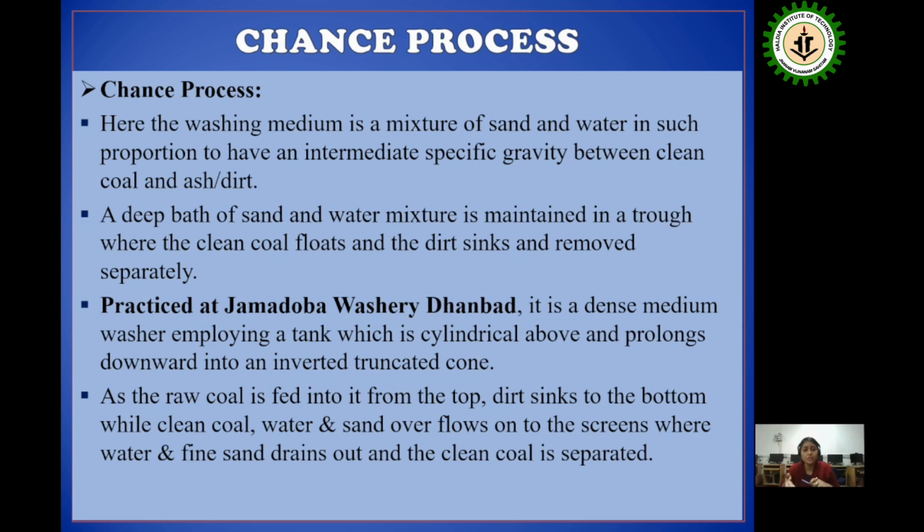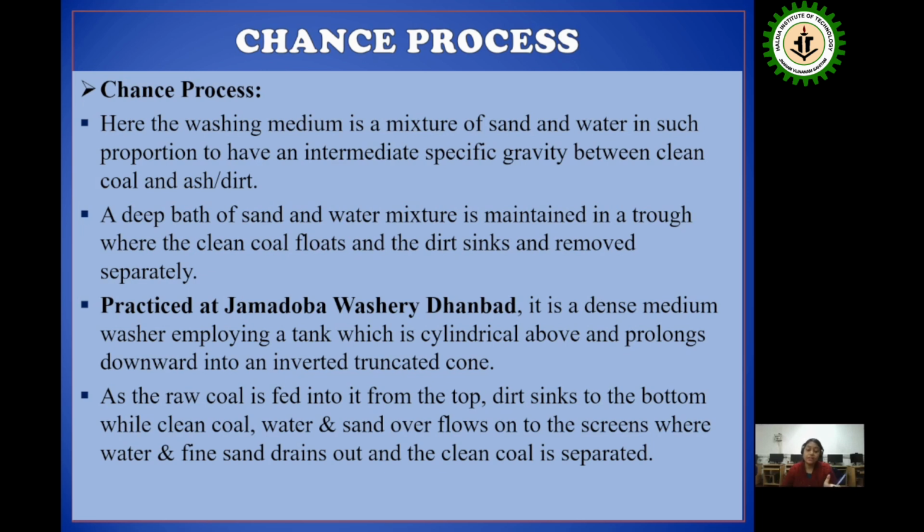So this chance process, where the washing medium, as I discussed, is a mixture of sand and water. And finally, after the washing process, the dirt sinks to the bottom while the clean coal, water and sand overflows onto the screen where the water and fine sand will drain out and the clean coal is separated.